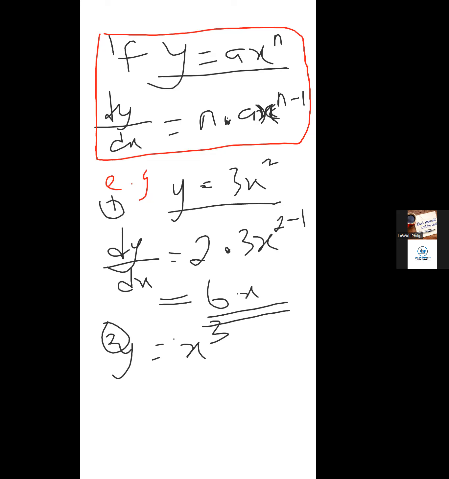So there is an invisible 1 multiplying it. If there's no number, it means that number existing is 1, because anything times 1 is that number. So my a is 1. So what I will now have is dy dx will be equal to 3.1x raised to power 3 minus 1. And that will be equal to 3x squared.